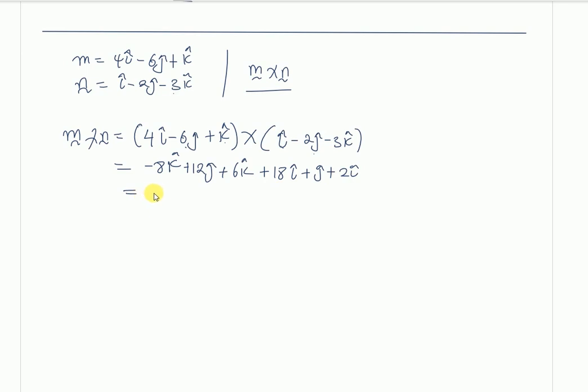And putting the i's together, we have 20i, plus putting the j's together, we have 13j. Then the k's, we have negative 2k, because this one is 6k and then negative 8k. That is m crossed with n.